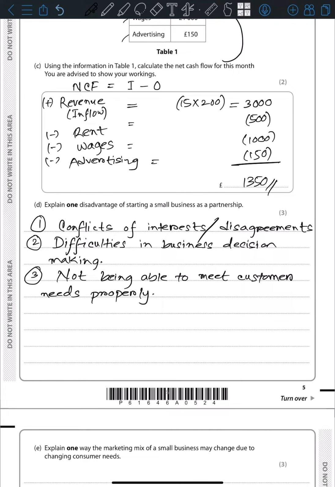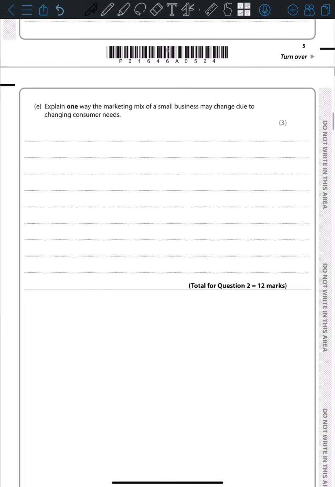So that's it. Same drill. Identify one disadvantage, tell how that disadvantage is going to hamper the business, and then build on the second point, analysis, how that disadvantage is going to further cause problems for the business. That's it. Alrighty, part E.